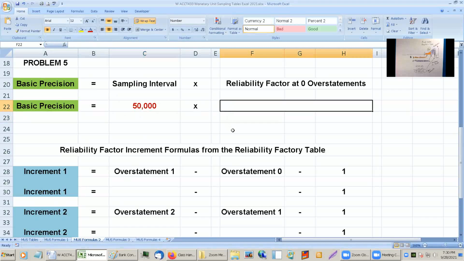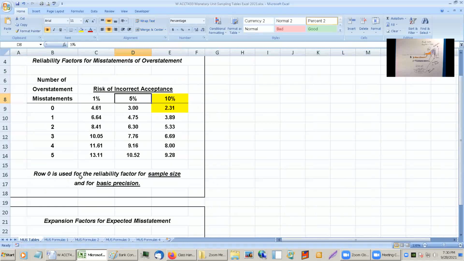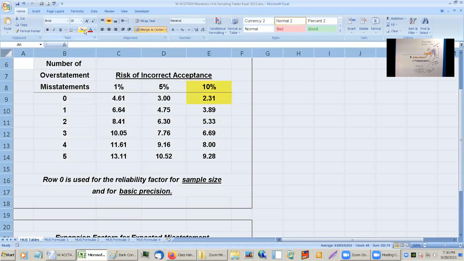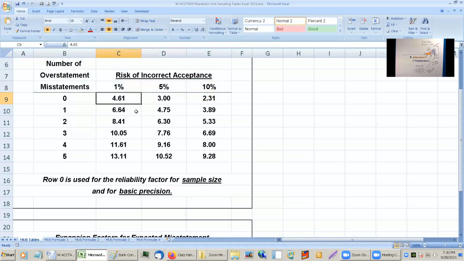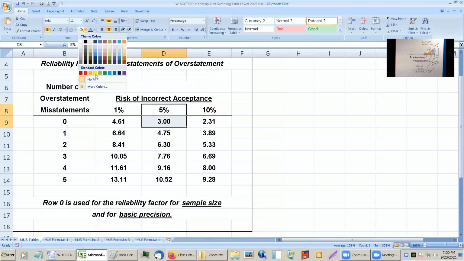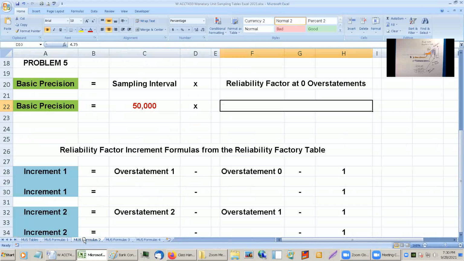Times the reliability factor at 0 misstatements. Okay, so we got to go back to our tables. Okay, so reliability factor at 0 is 3. Yep. So I'm going to plug that in.